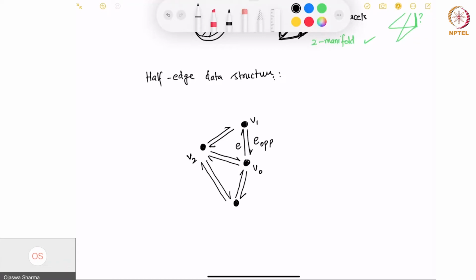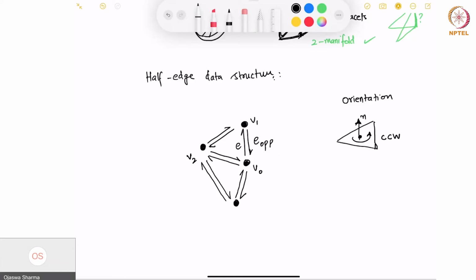Whenever I represent meshes, there is this notion of handedness or orientation of a triangle. So let's quickly say what the orientation of a triangle is. Everybody is familiar with the right-hand thumb rule, studied in physics, maybe in class 9th or 10th. You have a triangle here. The triangle is oriented counterclockwise, and if it is counterclockwise, then the normal vector is given by the right-hand thumb rule.